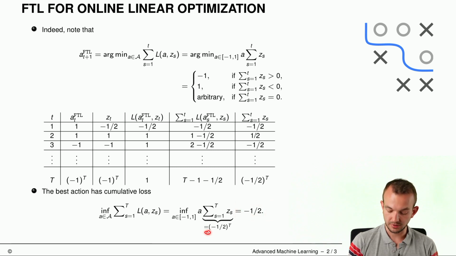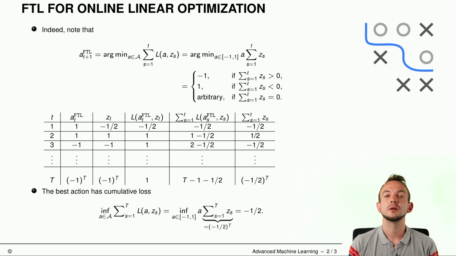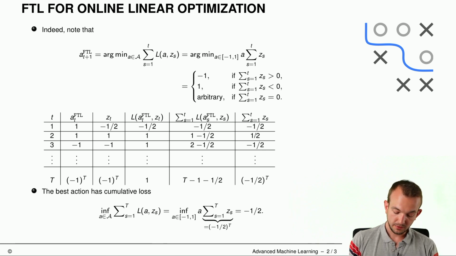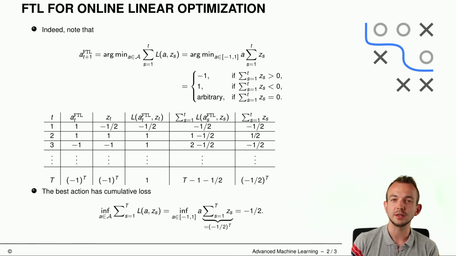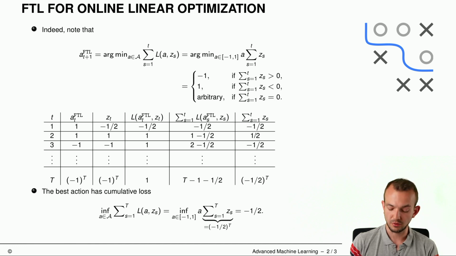So you will multiply here the minus 1/2 to the power of t with essentially the reversed sign. So the best action is having a cumulative loss of minus 1/2, as we saw before. So taking these two together, we see the regret will be growing linearly with the time horizon.